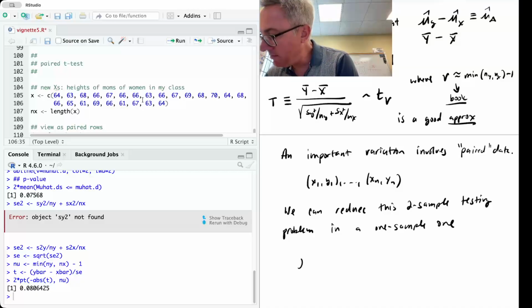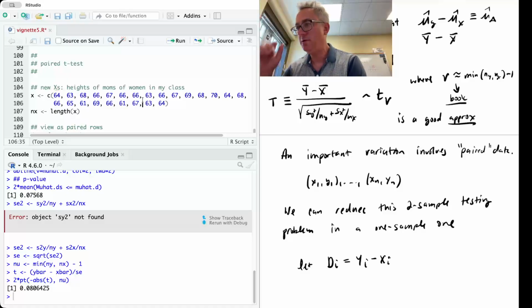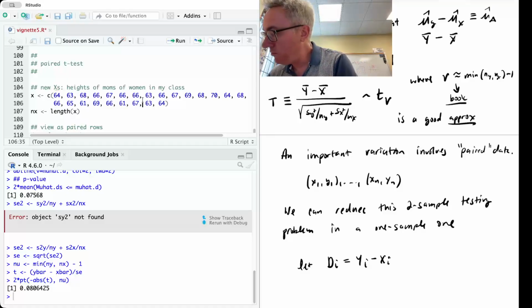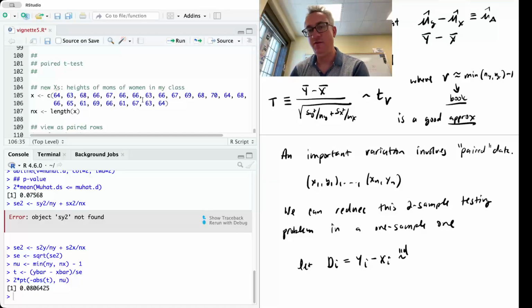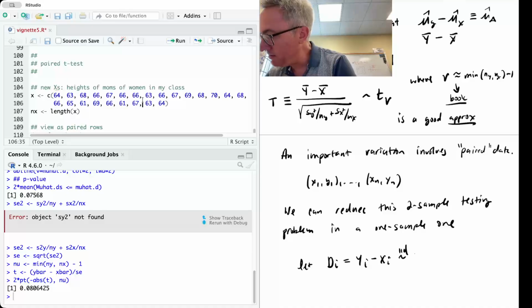Let d_i be the difference between y_i and x_i. We can study that as Gaussian. If we assume that the individual populations are Gaussian, then their difference is also Gaussian.